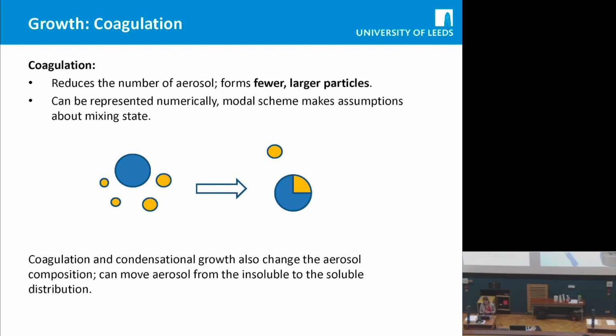But because you might have lots of smaller particles coagulating with a larger particle, you end up with fewer particles overall, but they are bigger. So your mass is the same, you've kept the same amount of material, it's just distributed across fewer particles. And again, this is a way that the composition of your particles might change through time.